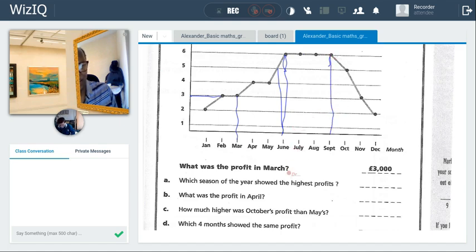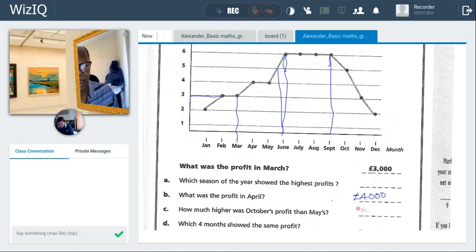Right. What was the profit in April? £4,000. The next one is how much higher was October's profit than May? 1,000. So October, how much was October? 5,000. And how much was May? 4,000.